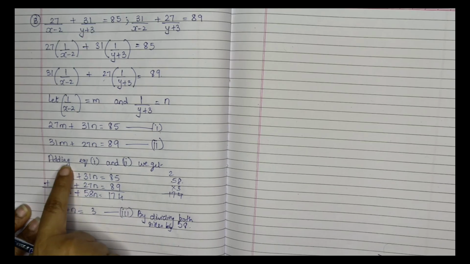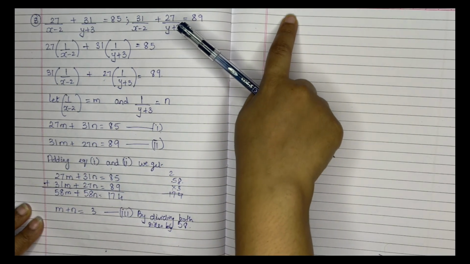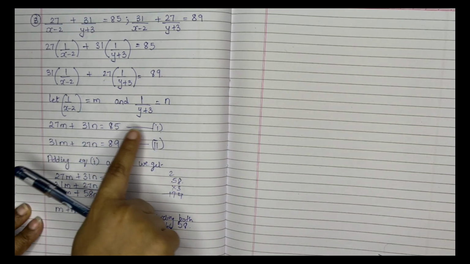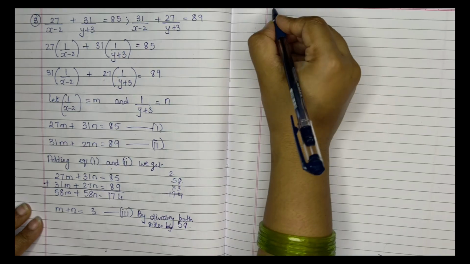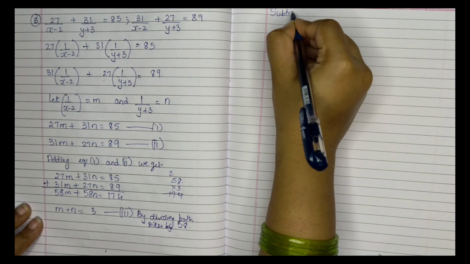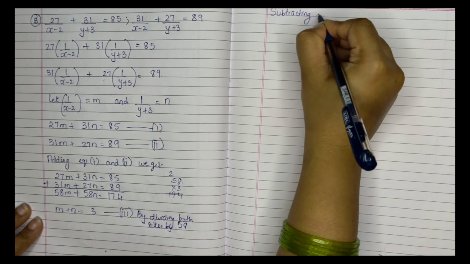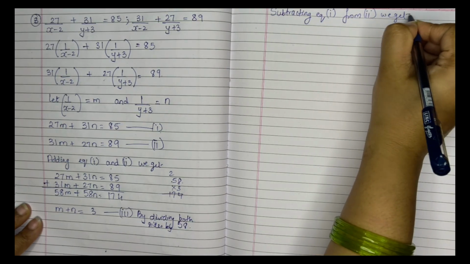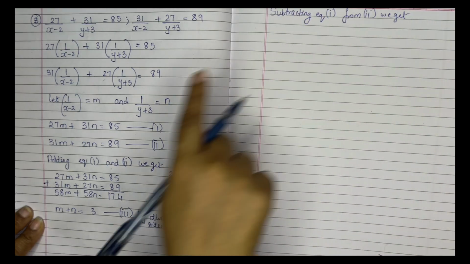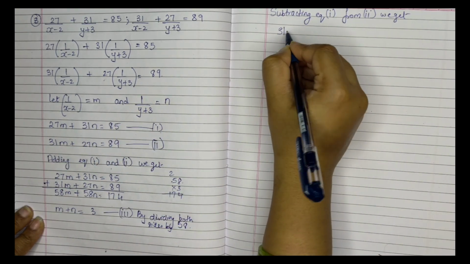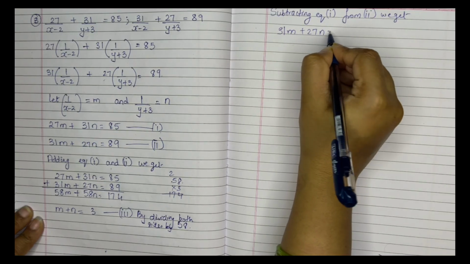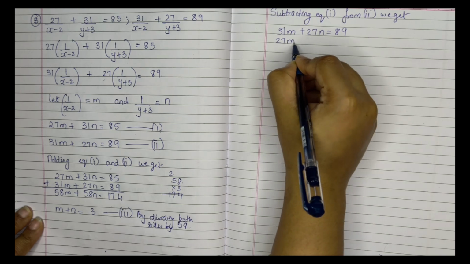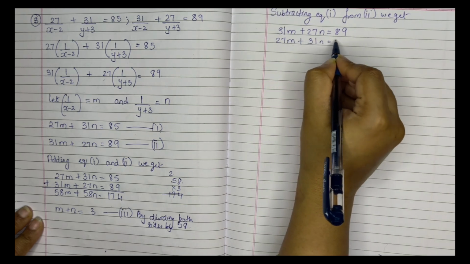Now as I told you, first we will add the equation and now we will subtract the equation. Now subtracting equation, this is the smaller one and this is the bigger one. So subtracting equation 1 from 2, we get, so write the bigger one first, that is 31m plus 27n is equal to 89, and the second one you will write here 27m plus 31n is equal to 85.